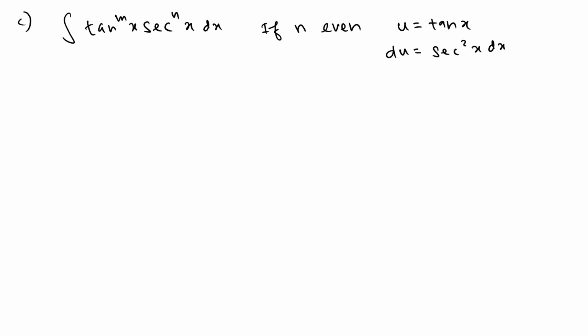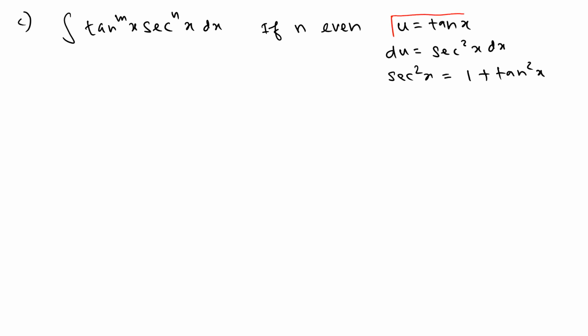So we're going to pull out a secant squared term and try to rewrite everything else using tangent, because we know that there's a formula: secant squared x equals 1 plus tan squared x. So you can rewrite everything else using tangent, using this identity.